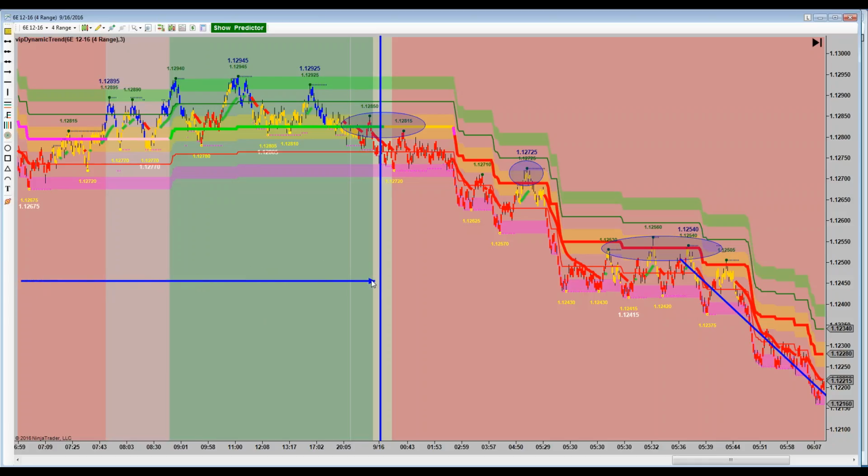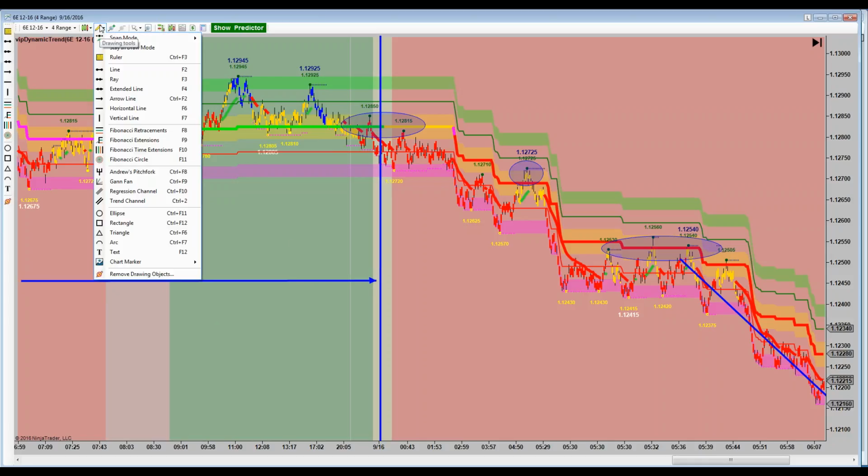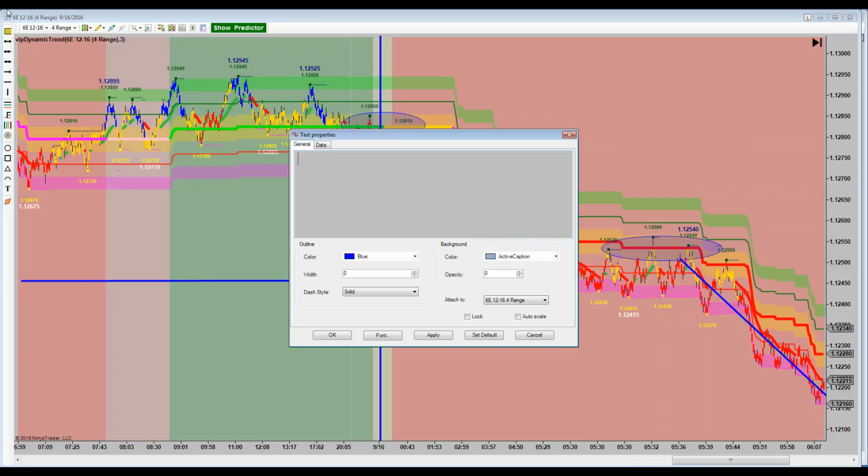So Singapore, throughout all parts of Asia, let me put this right in here so we're all clear. Asian trading session.